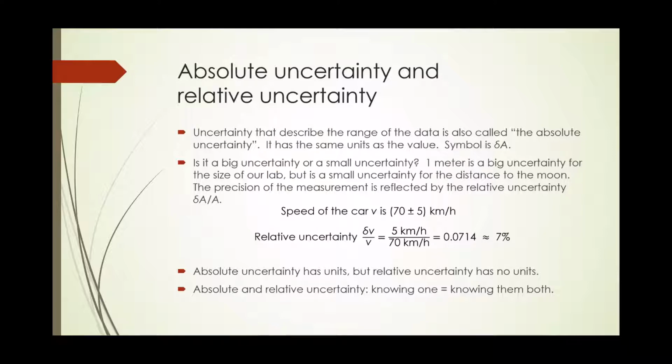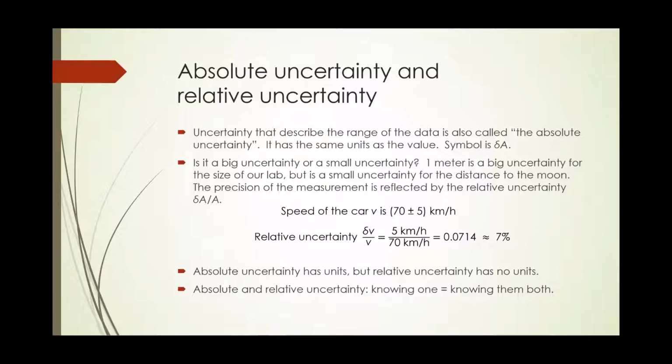For example, if you say the uncertainty is 1 meter, and you're talking about the measurement of a room, of our lab room, it is a fairly big uncertainty. With a meter stick, you can easily do better than that.